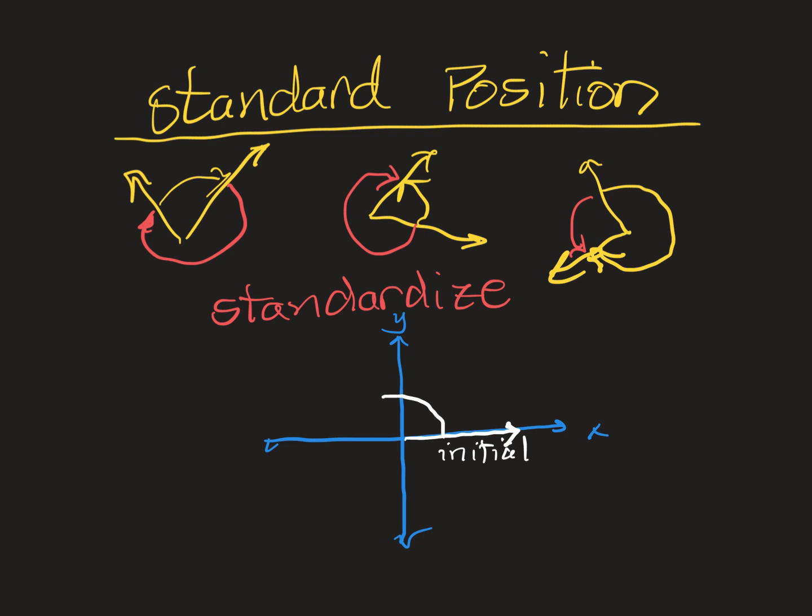If I rotate counterclockwise and get a terminal side, then this would be considered a positive angle. If I rotate clockwise, then I would get a terminal side over here, and that would be considered a negative angle, okay?